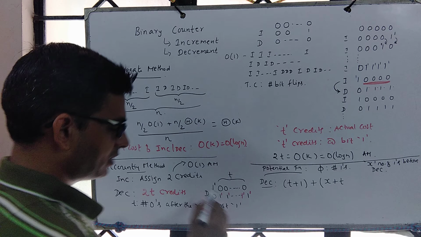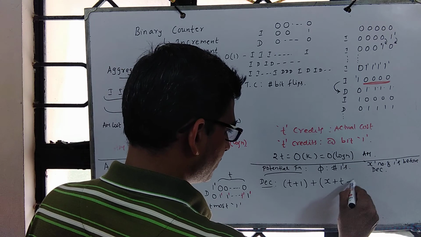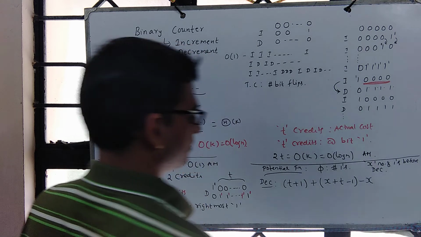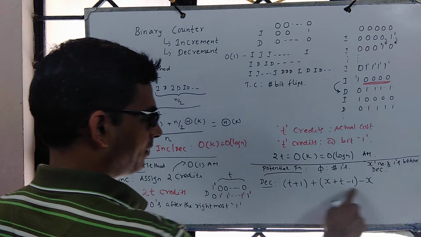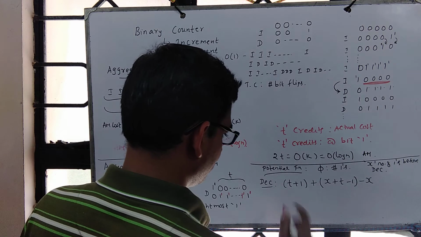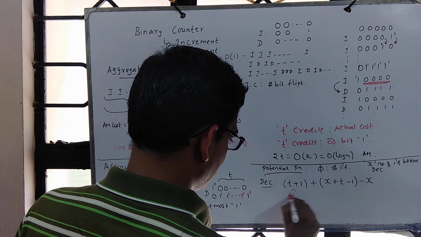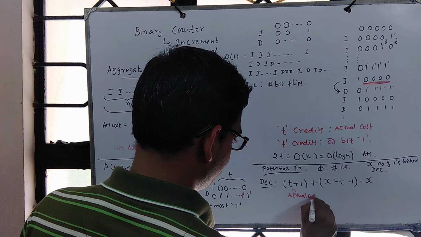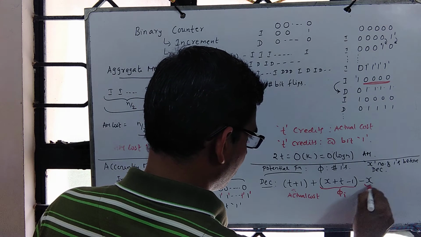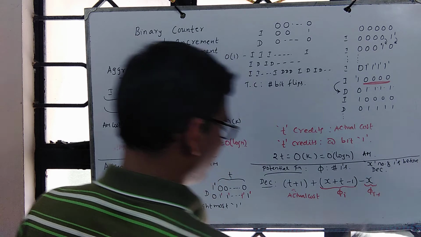This 1 is changed to 0, so one 1 is reduced, and before the operation it is x. So phi i minus phi i minus 1, this one is the actual cost.